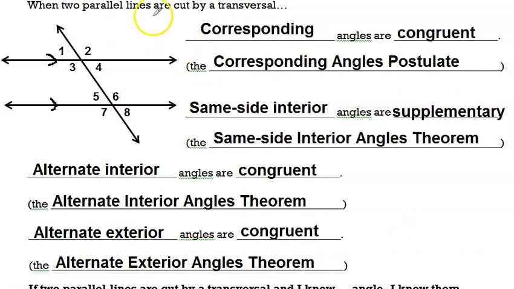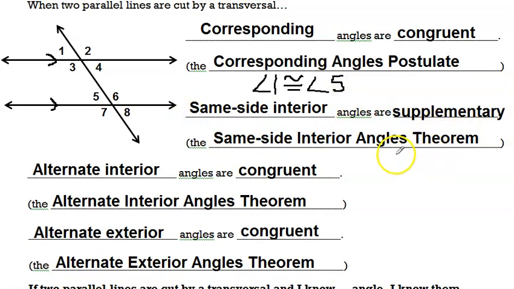So let's review here. I'm going to pick out an example of each. We already did the first one here. If they are corresponding, they are congruent. So angle 1 is congruent to angle 5. Now, we have the triple S right here. Same side supplementary.